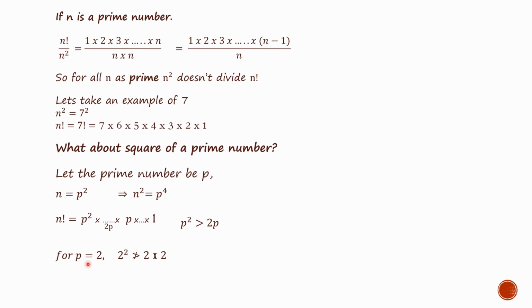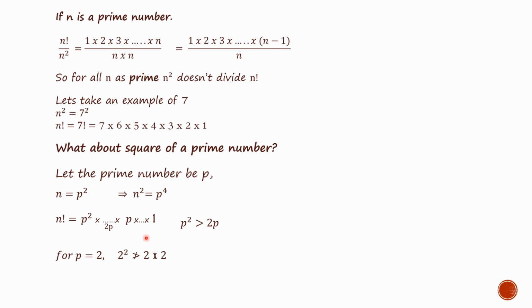For p equal to 2, we have 4 not greater than 4 because 4 is equal to 4. So we can say that for all p squared greater than 4, p squared is greater than 2p. Hence, if n is greater than 4, n factorial will be divisible by n squared because there will be at least one number as 2p.